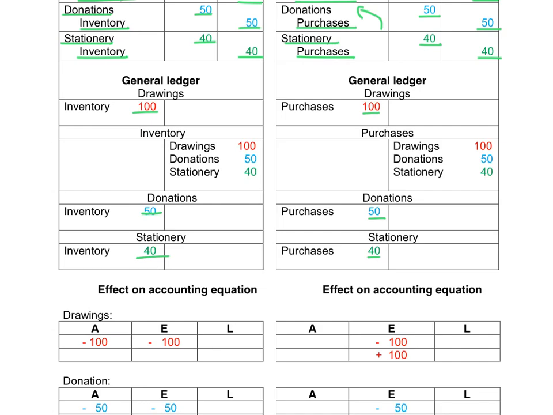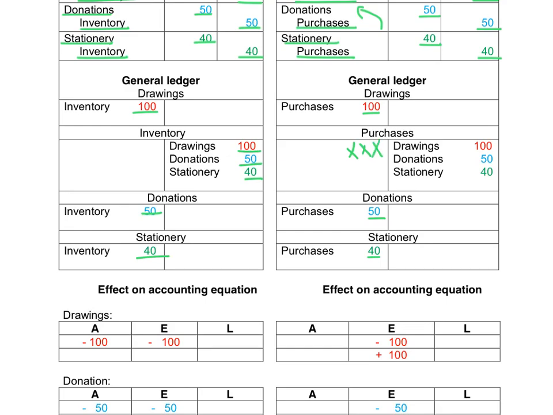In the perpetual inventory system, you have to show that the inventory that we purchased with the purpose of selling to make a profit was now decreased, so our asset decreased. In the periodic system, when we bought goods, we increase the expense on the debit side.